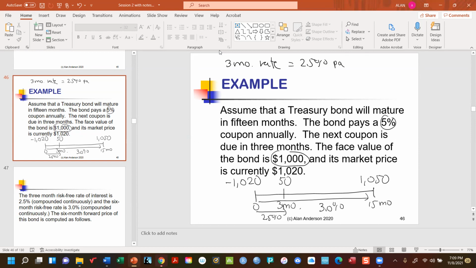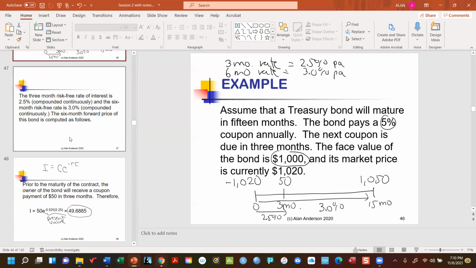So keep that in mind. We're also assuming that the 6-month rate is 3%. So here's the twist. The contract specifies that we can buy the bond in 6 months.